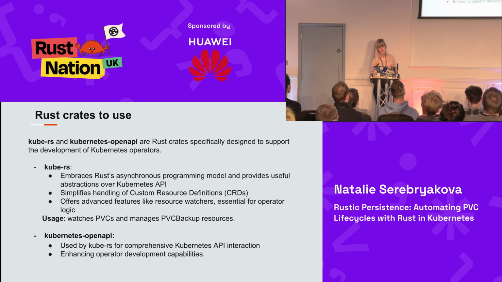There are two crates, which are kube and Kubernetes OpenAPI. Probably that will cover the majority of the tasks. There are certain things that you might need to think about, but these two will probably do all the work.